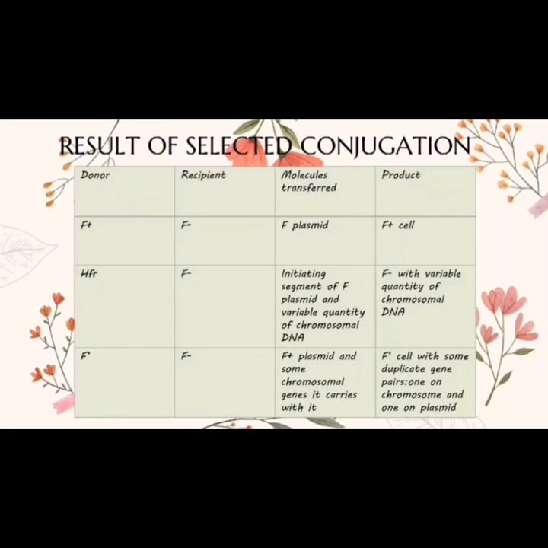If the donor is F prime and the recipient is F minus, the molecule that is transferred is the F plasmid and some chromosomal genes are carried with it, and the product is an F prime cell with some duplicate gene pairs, one on the chromosome and one on the plasmid.